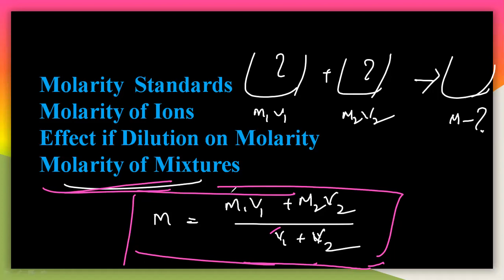You should remember all these things with molarity. Once again, I'm telling you, molarity is a very, very important thing. Molarity is indicated with capital M. M is equal to number of moles of solute by volume of solution in liters.